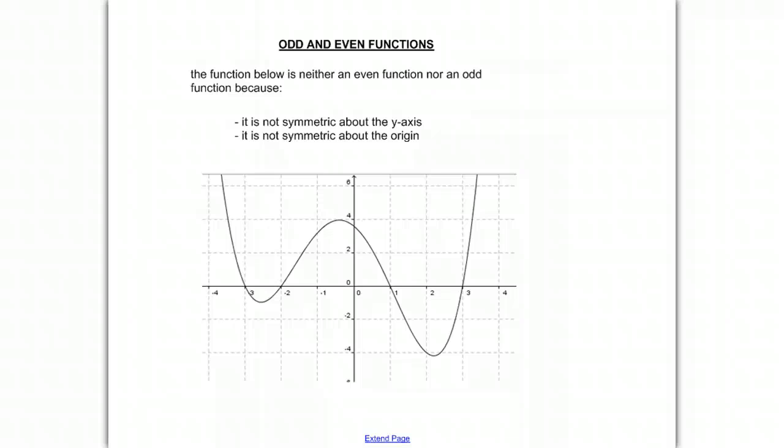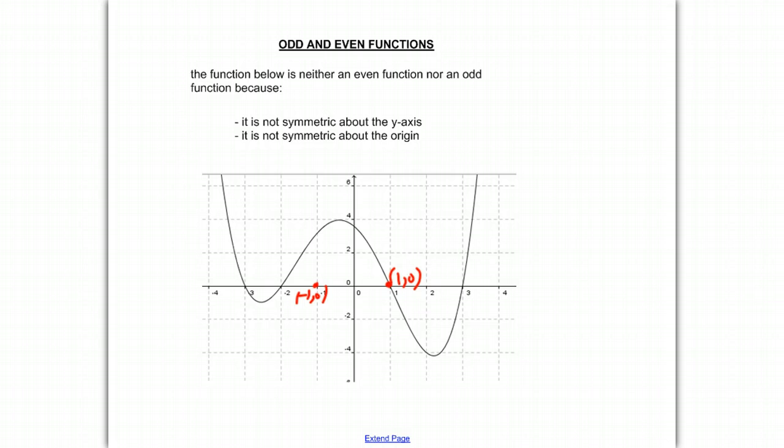And you can certainly see that if we picked a point, let's say over here at 1, 0, its corresponding point should be over here at -1, 0, but that point is not on the graph, and therefore that immediately tells you it is not symmetric about the y-axis, and therefore it is not an even function.